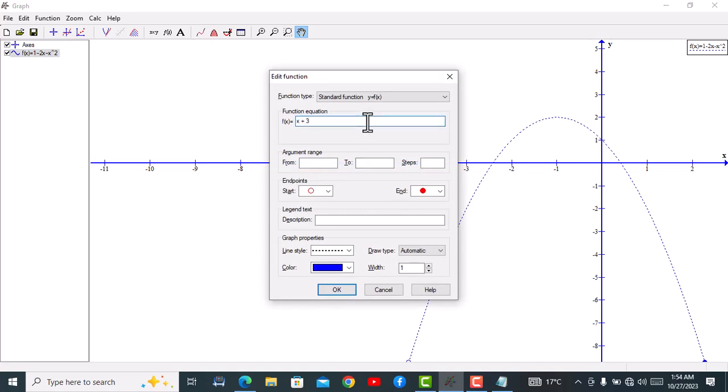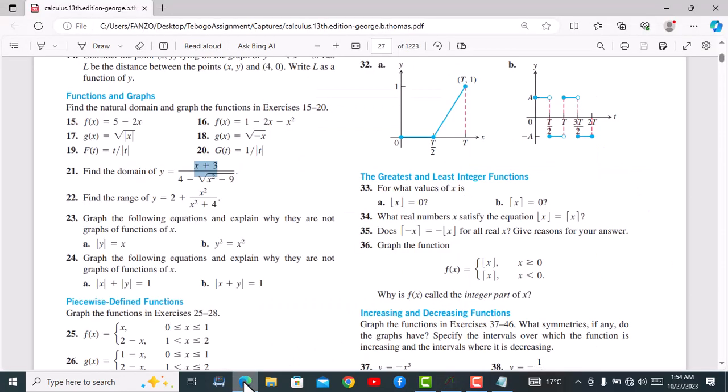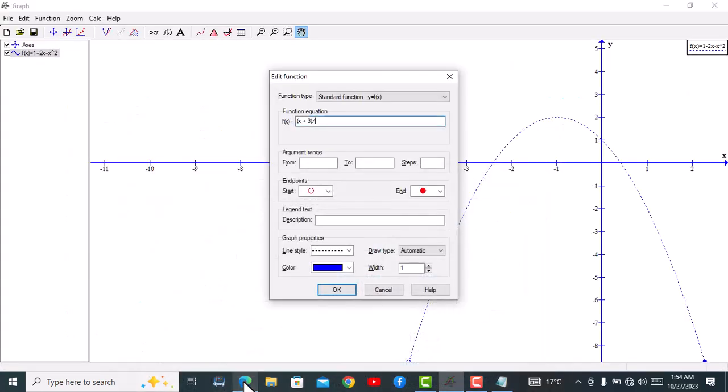I have this x plus 3 inside of the brackets, and this has to be divided by what? The square root of 4 minus the square root of x squared minus 9. So 4 minus x squared minus 9 raised to the exponent of 0.5.